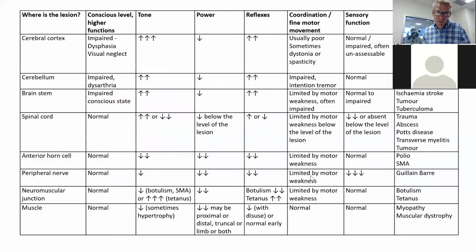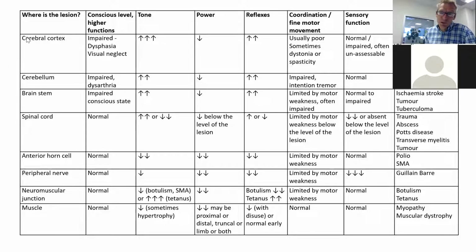Okay. So this is a very big slide, and I'll send it around so that you all have it. But what I've tried to do is to identify the abnormalities that occur at all different levels, from the cerebral cortex to the cerebellum, to the brainstem, the spinal cord, the anterior horn cells, the peripheral nerve, the neuromuscular junction, and the muscle.